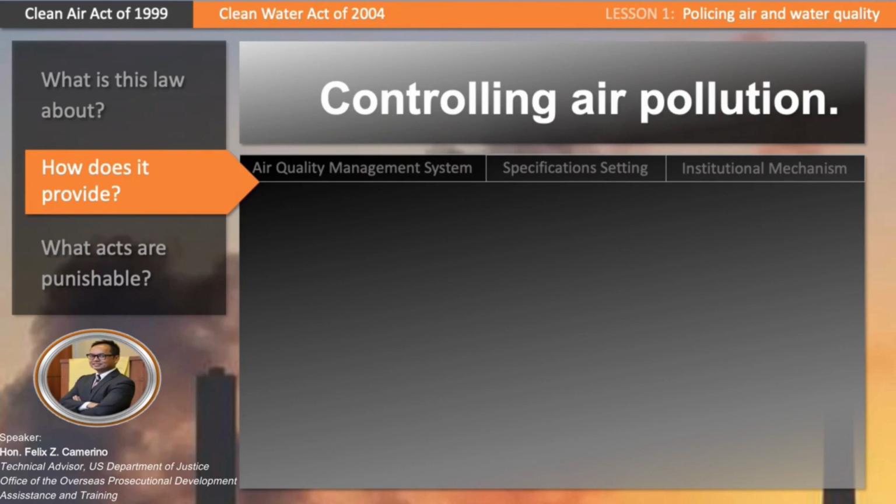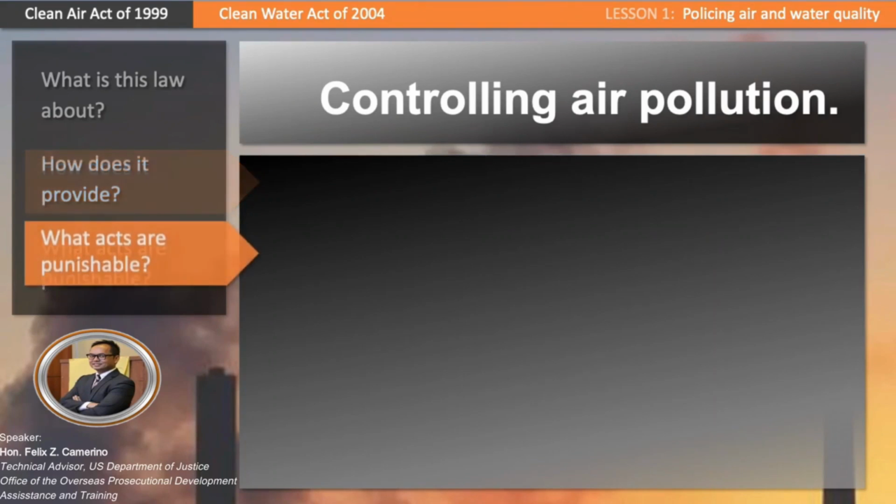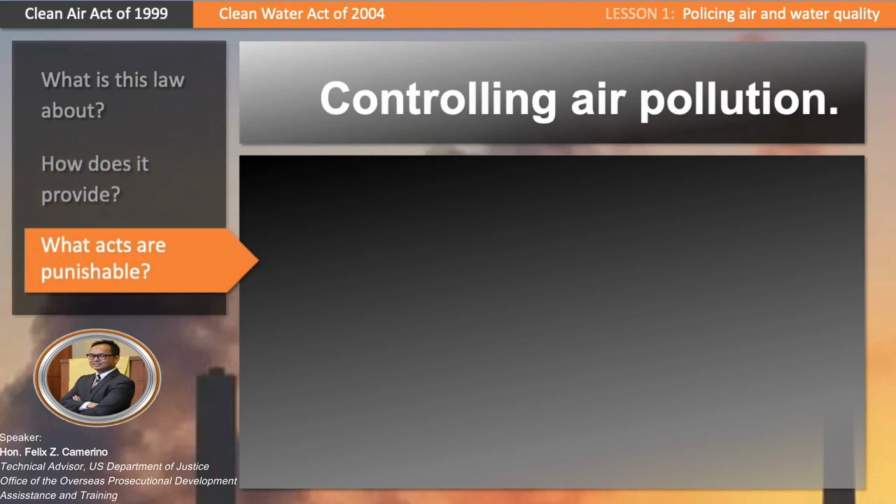Okay. So let's move forward now. Let's go ahead and proceed to the next topic, which would be on punishable acts. So on punishable acts, the Clean Water Act presents things similarly to the last law that we discussed, the Laguna Lake Development Authority Act.